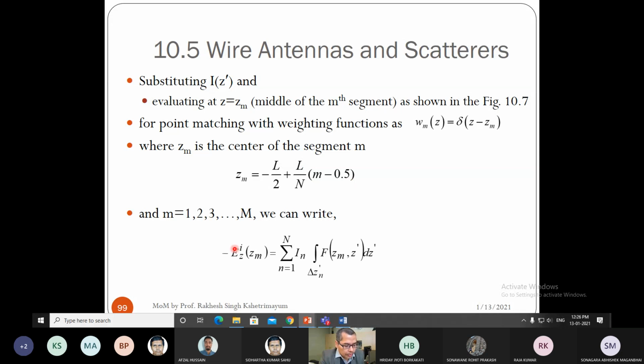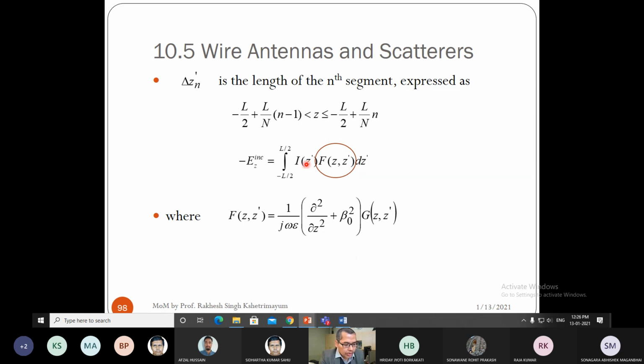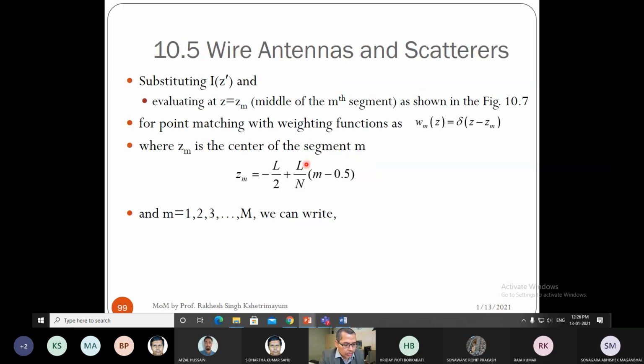Now the equation becomes this when we are observing at the center of the m-th segment. The previous equation simplifies like this, and we have also taken care of this term here. This I_z dash we replace by the summation of I_n B_n dash, and this summation is independent of the integration, so I can take it outside.